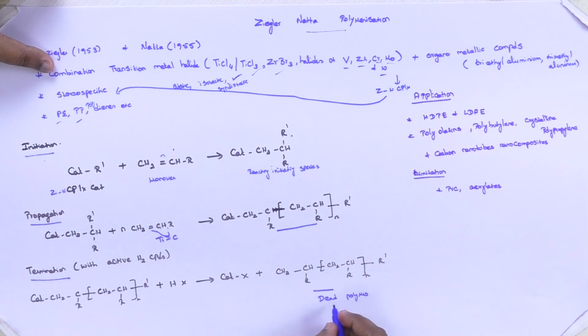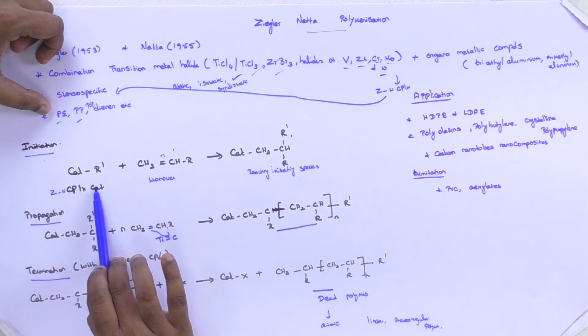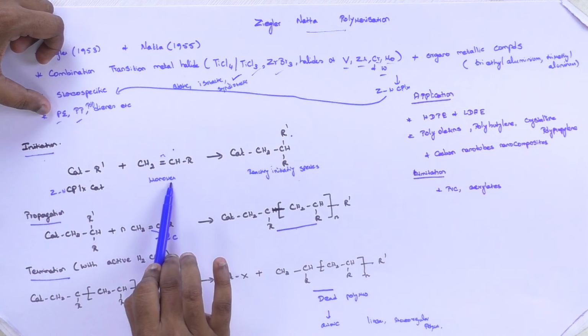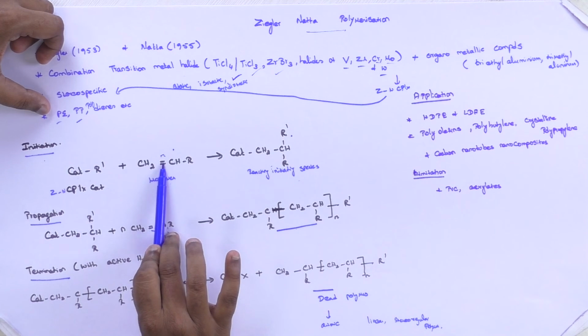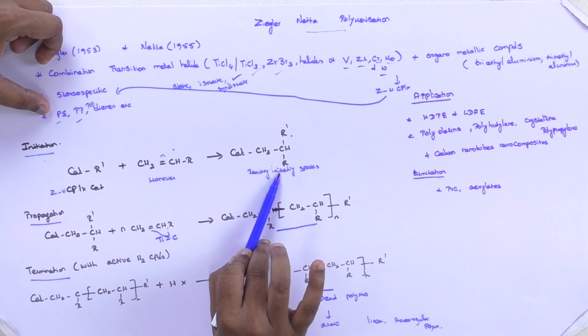So, this is your desired product, and the reactions also resemble anionic polymerization that leads to linear and stereoregular polymers. To sum up, in the initiation step the Ziegler-Natta catalyst adds to the monomer, the pi electrons of the monomer react, and the initiating species is formed.